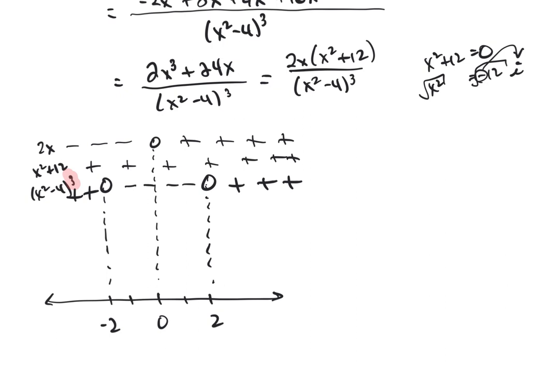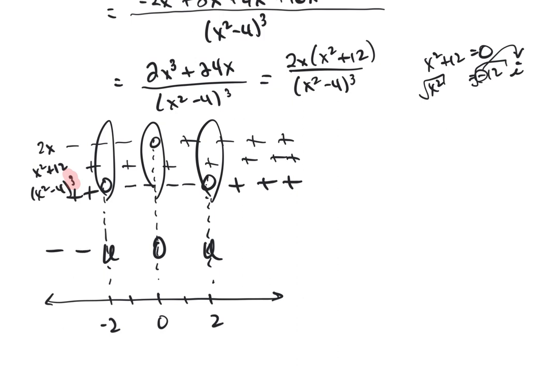Okay? And once again, we multiply the first two and divide by the third, so we'd have multiplication by 0, then division by 0, and division by 0. Everywhere else, or I'm sorry, I said that wrong. To the left of -2, we'd have 1 negative and 2 positives, so negative.